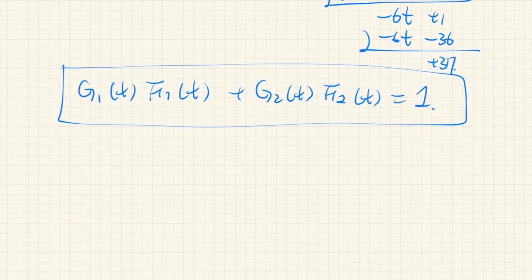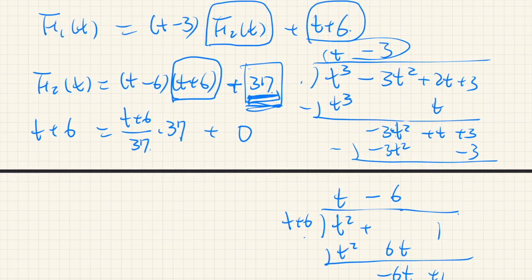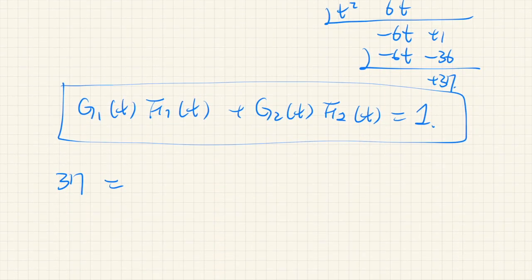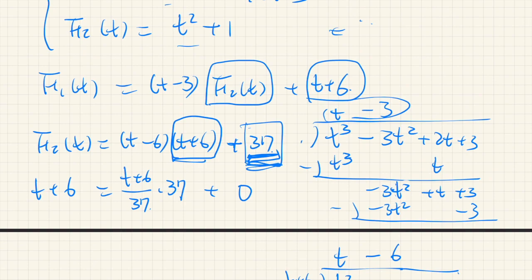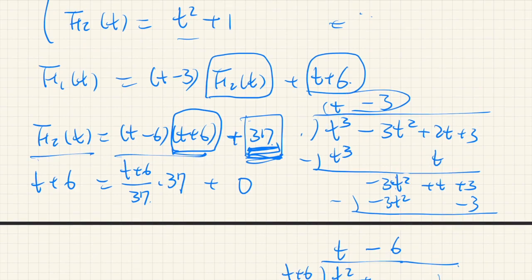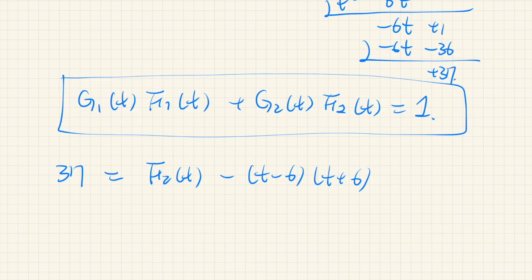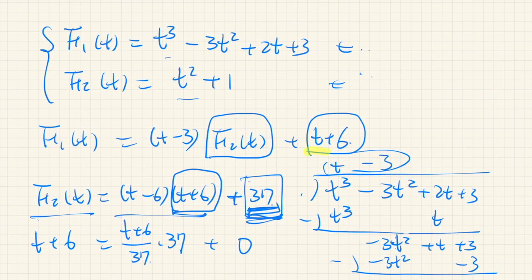Okay, so 37 is equal to this one, f2 minus (t minus 6)(t plus 6). So this is equal to this minus this. And now next, this one, t minus 6, was the remainder here. So this is equal to f1 minus this thing.